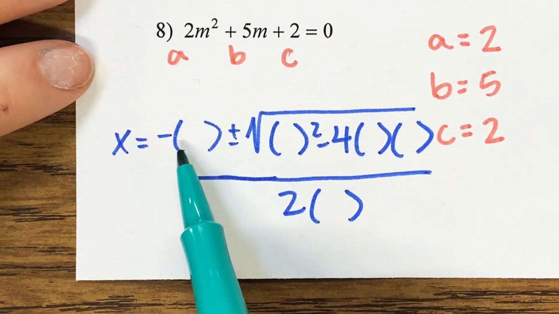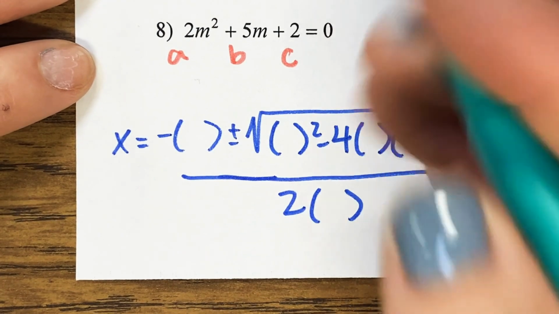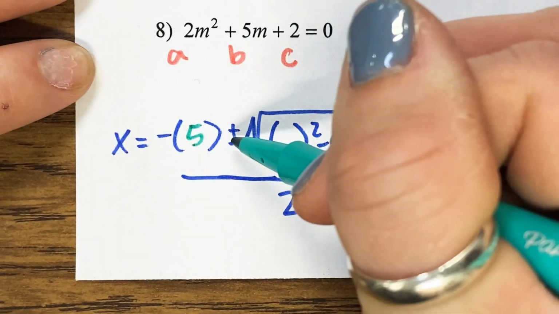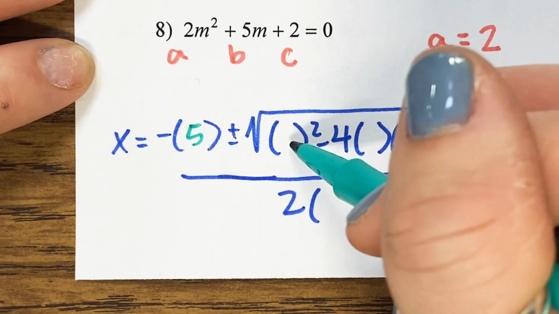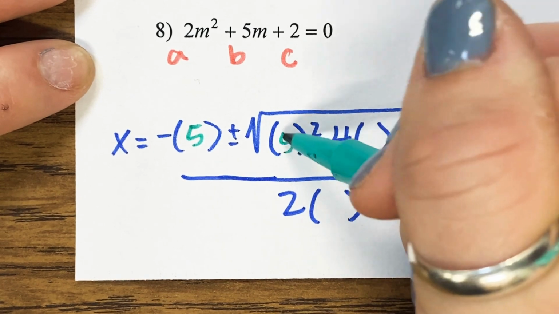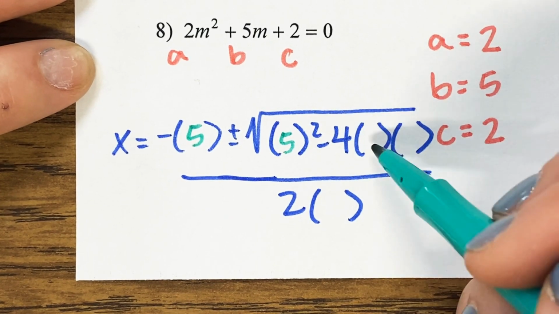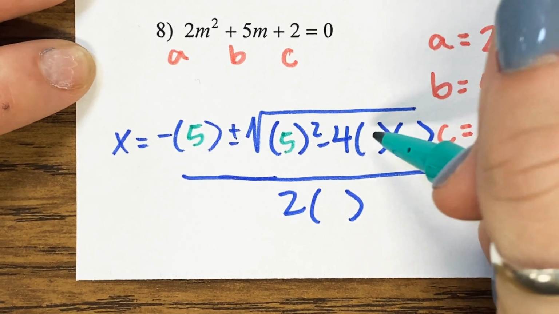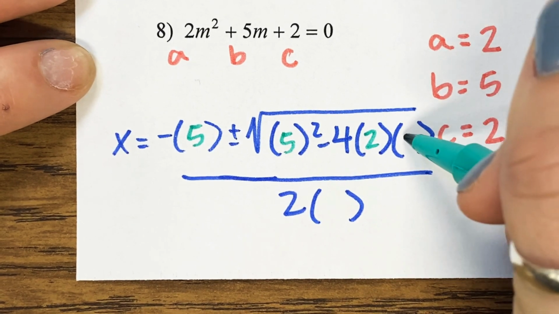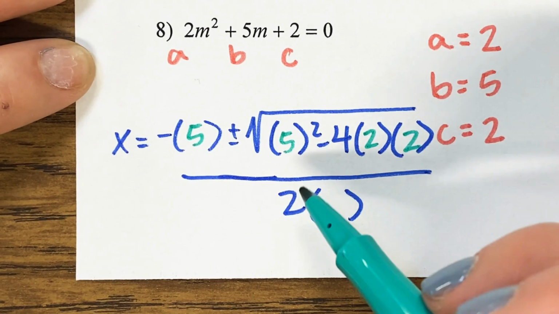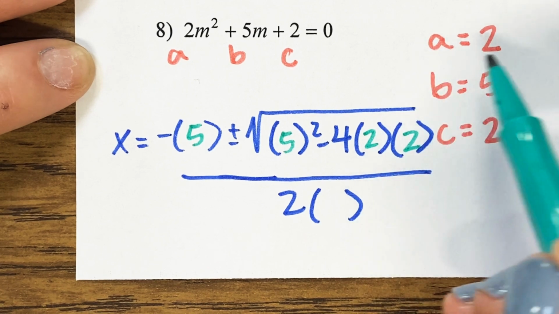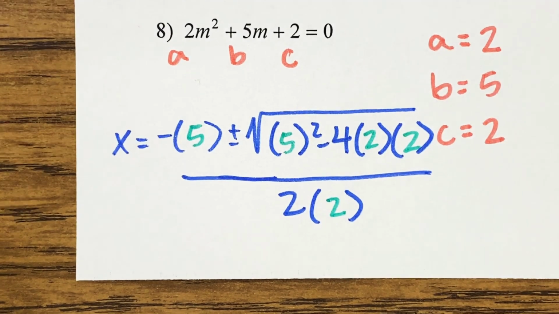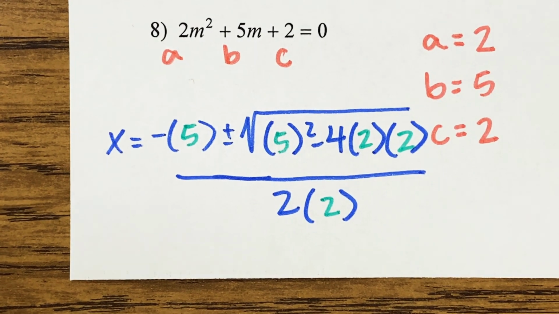X is equal to -b, b is 5, plus or minus the square root of b squared, b again, 5, minus 4ac. A is 2, and C is 2, all over 2a. A is 2.